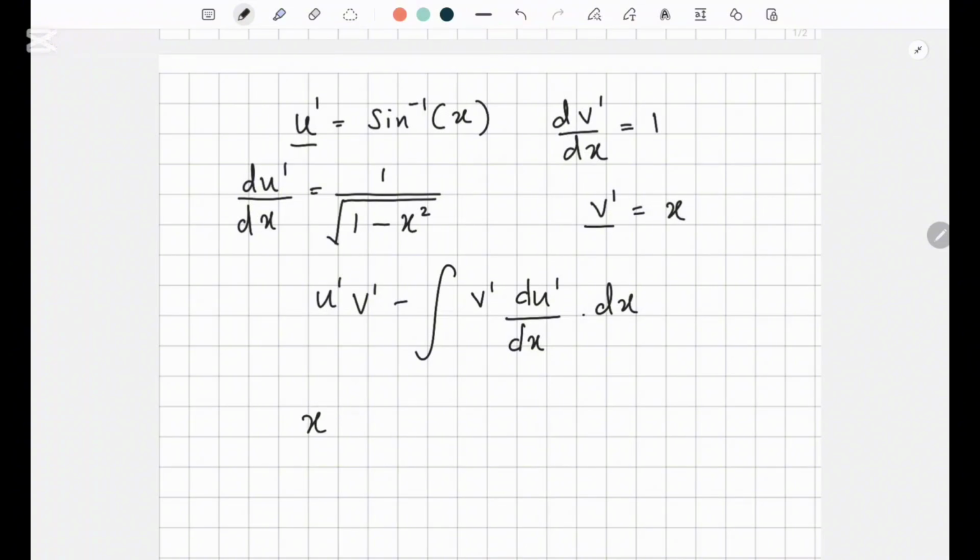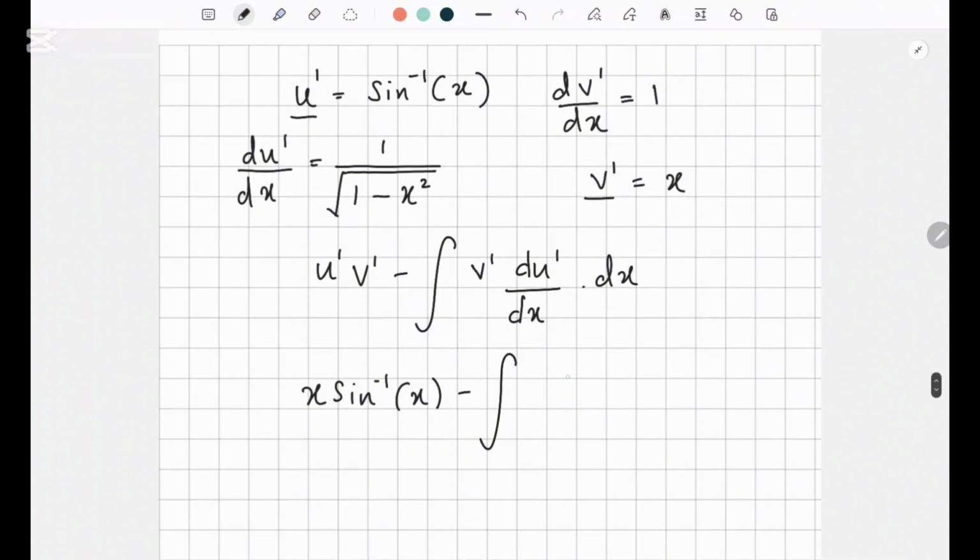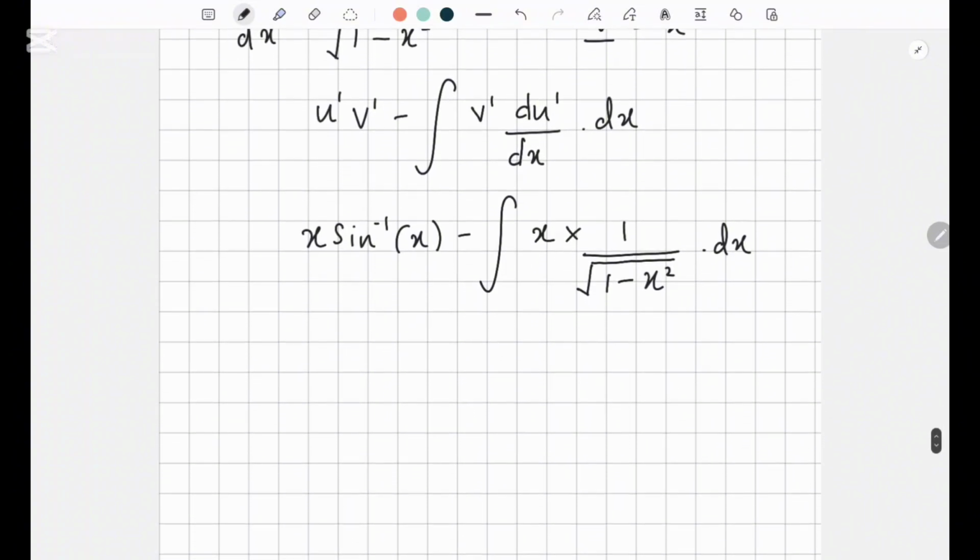So we have x into sine inverse x minus the integration of v dash, which is x, into du dash over dx, which is 1 over root 1 minus x squared dot dx. So you can see now what we have to focus on is this, right? So let's integrate that. So x over root 1 minus x squared dot dx.